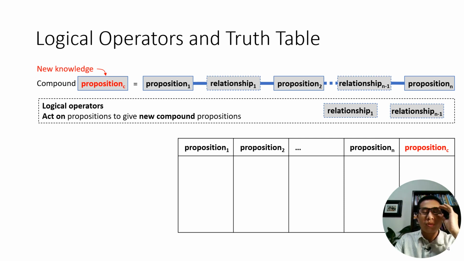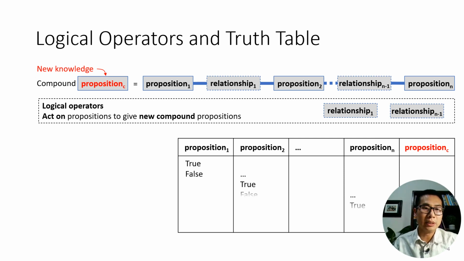The truth table is taken from all the related input propositions, like input proposition 1, input proposition 2, up to input proposition n, and for those, it finds what the output proposition is.